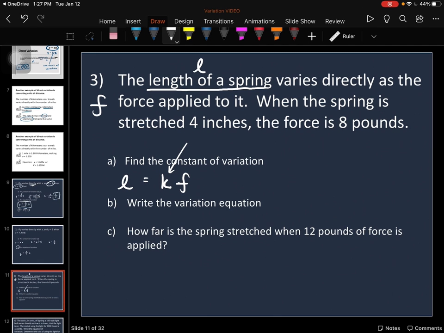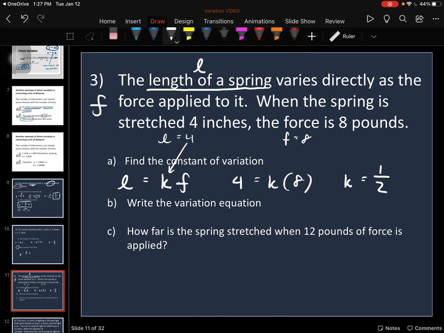So the length of the spring is L, the force applied to it is F. It says when the spring is stretched 4 inches, so that's the length is 4 inches. So when L equals 4, the force is 8 pounds. So we're going to plug in 4 for L. We're going to plug in 8 for F. We'll divide by 8 on both sides, and you'll get 4/8, which is 1/2.